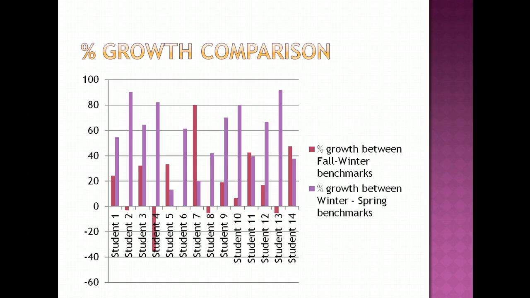You can see how much of a percentile students grew during their Khan Academy portion of the year. The light purple shade, which is the percent growth between winter spring benchmarks, is referencing the time that they were part of the Khan Academy intervention group.